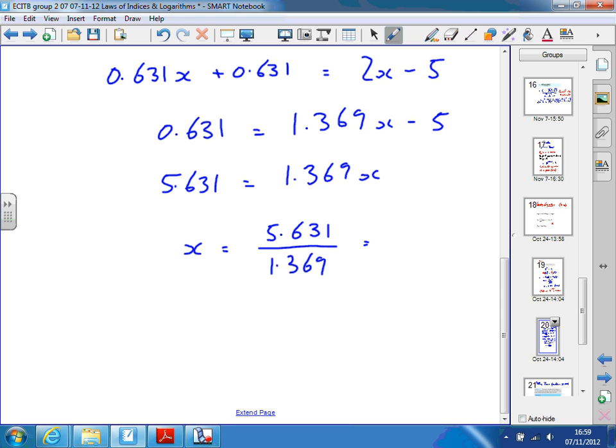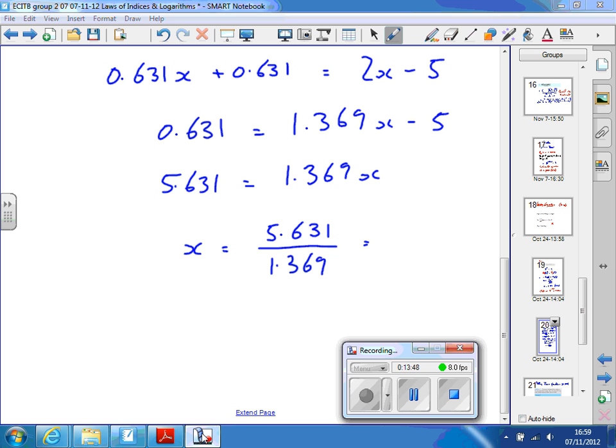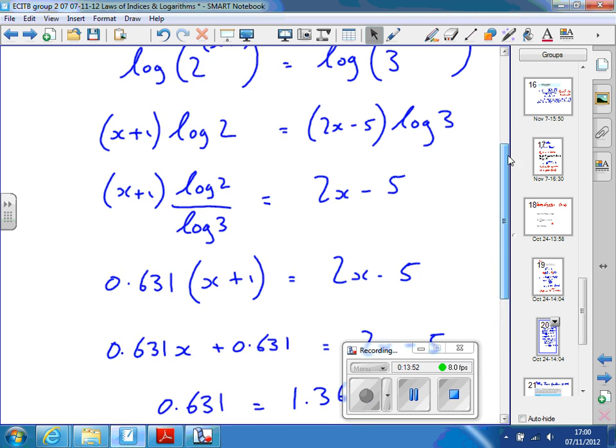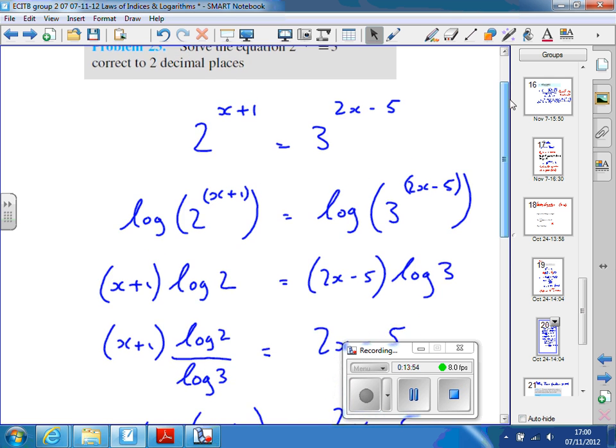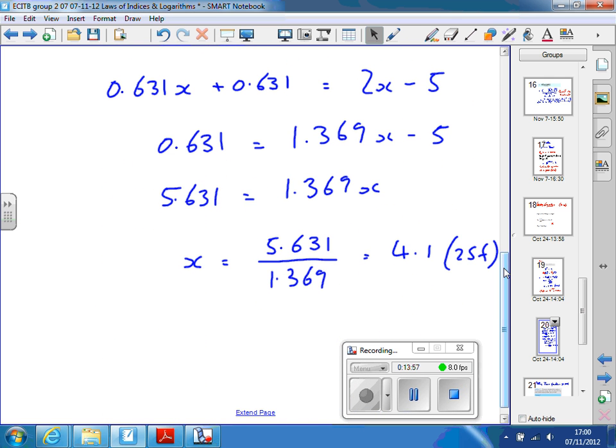And that turns out to be 4.1 to 2 significant figures, which I think is what the question asks for. So 4.1.